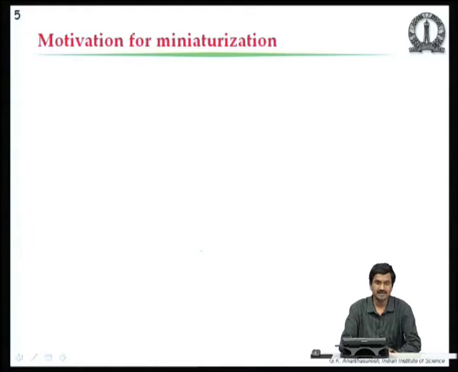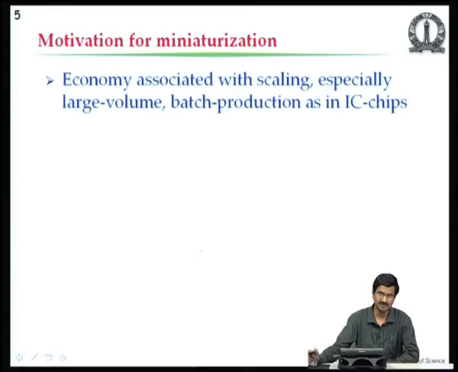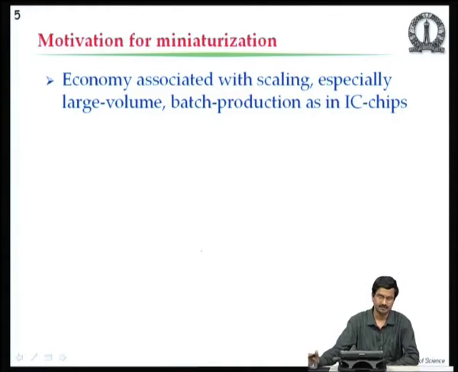So, let us look at motivation for miniaturization. Now that you have heard a lot about microsystems and their fabrication techniques and modeling, now let us look at the reason for why people try to miniaturize things. The first reason, of course, that you would have already guessed by that time, is the economy that is associated with making things small, especially if a product that we are looking at has a large volume, that is lot of products are made.